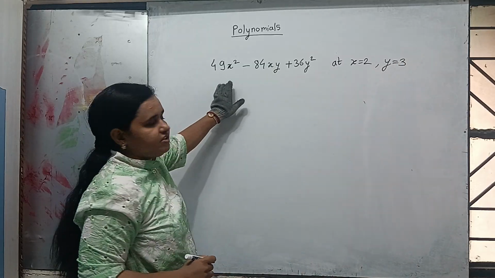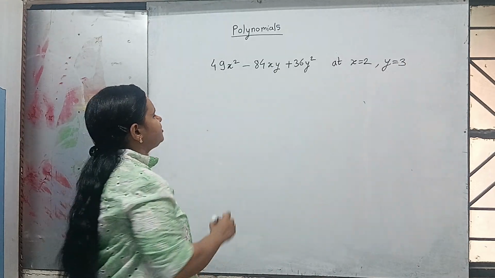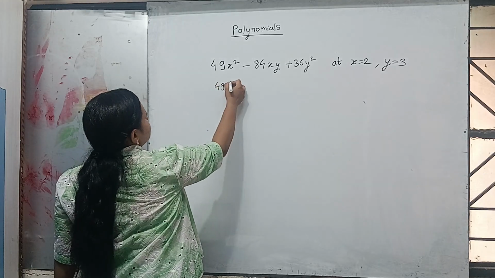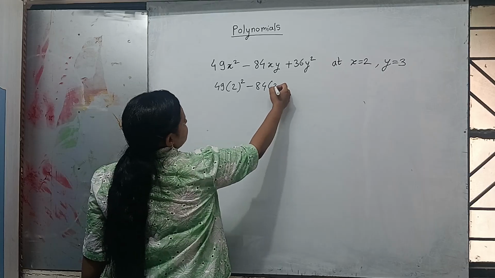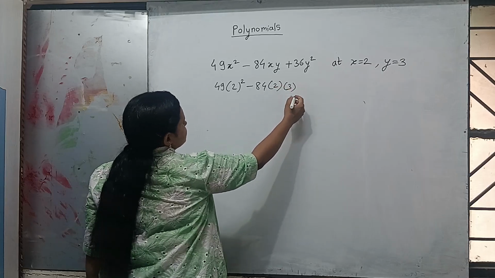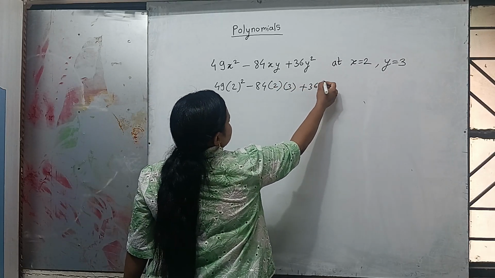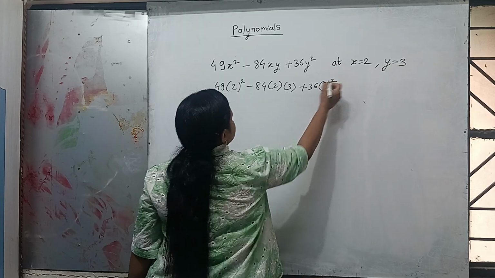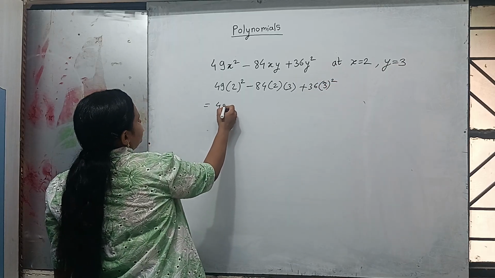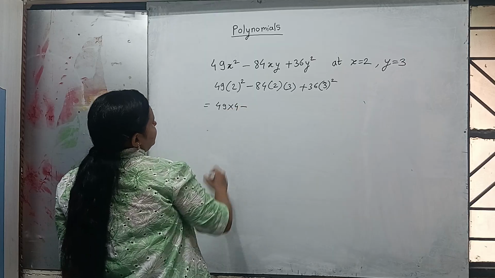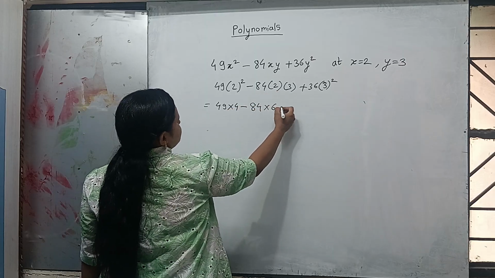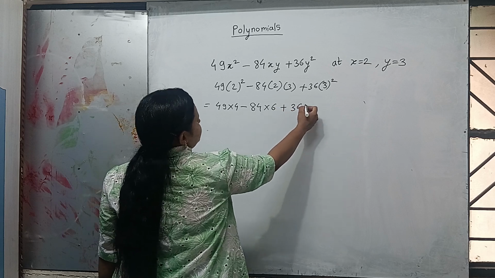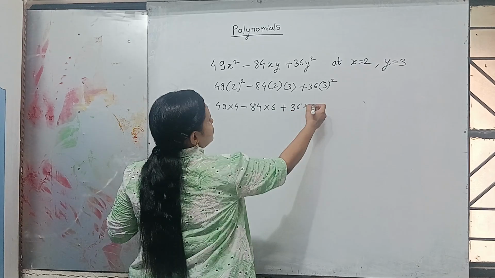We have to just put the value of x and y. X is equal to 2 and y is 3. So 49 multiplied by 4 minus 84 multiplied by 2 3s are 6 plus 36 3 3s is 9.